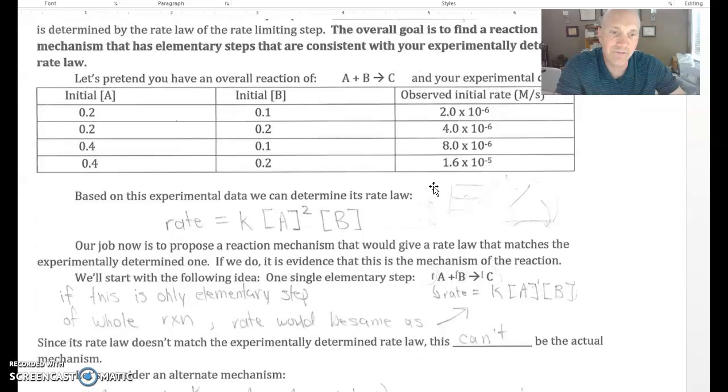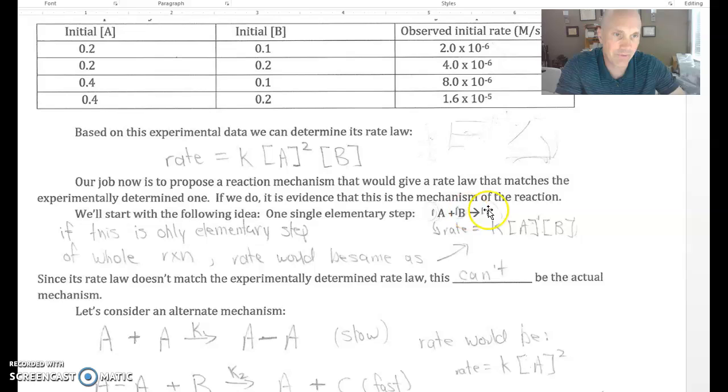So if this is an elementary step, then its rate law would be this right here. The way that we get that is just by taking the coefficients and putting those in front of the, after the concentrations.